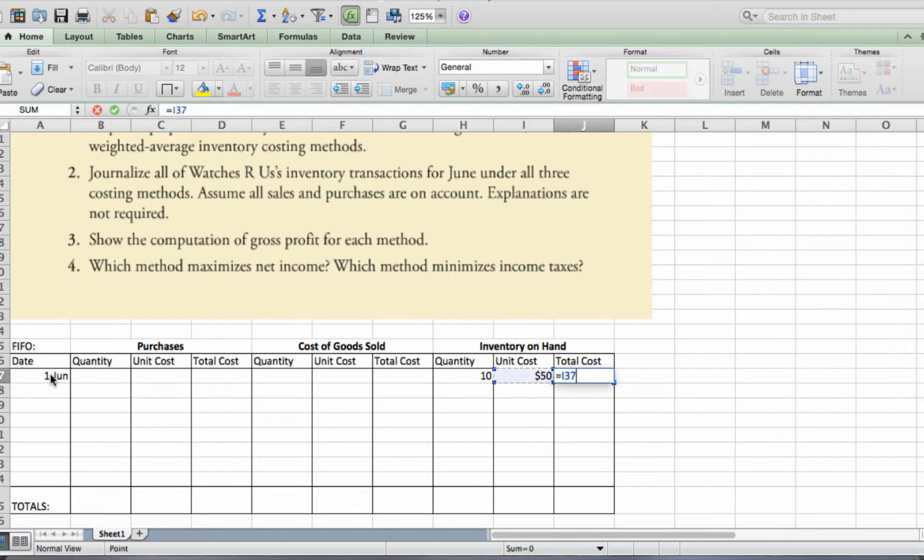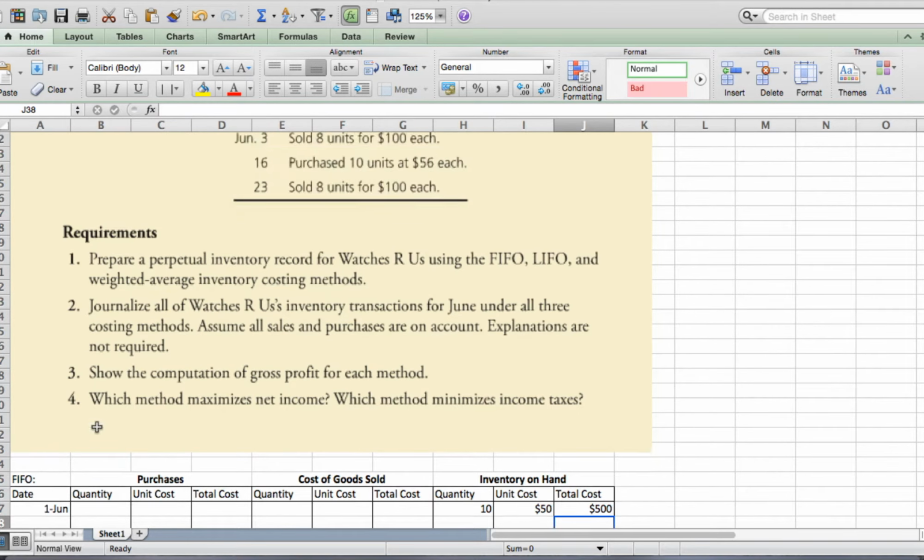And of course, our total cost is just going to be the unit cost times the quantity. So our inventory on hand, if you looked at a T-chart of what our inventory account looked like right now, would be what's in that last column, $500. That's what's in our inventory at the beginning of the month.